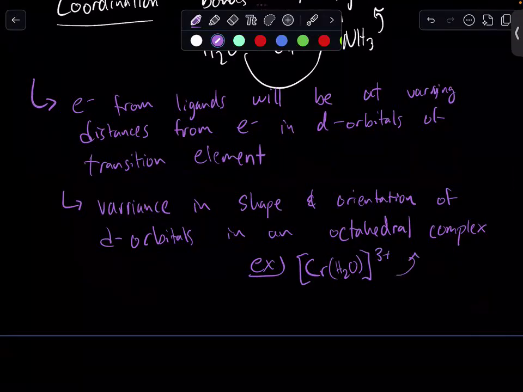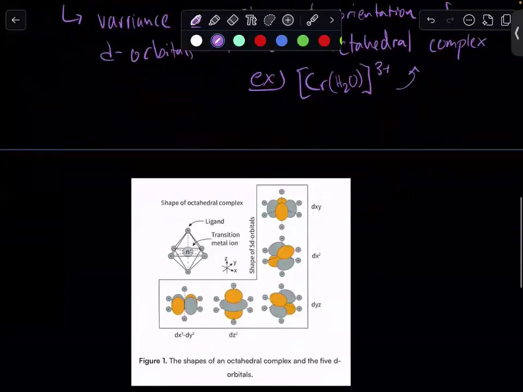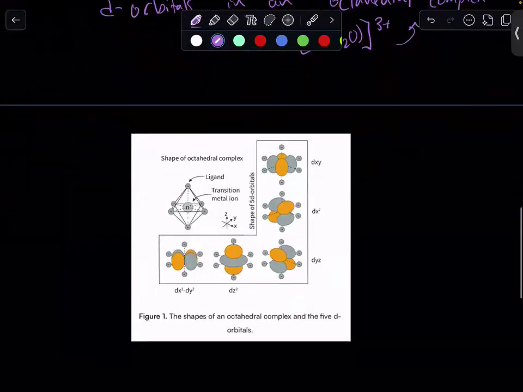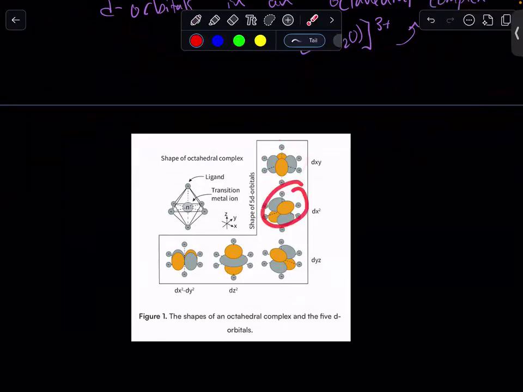So let's take a look at those actual d orbitals. Now, you don't have to memorize the shape of these d orbitals, but they look like this. You'll notice we have our dxy, dxz, dyz, dz squared, and dx squared minus y squared. And these are the 5 d orbitals and their shapes.